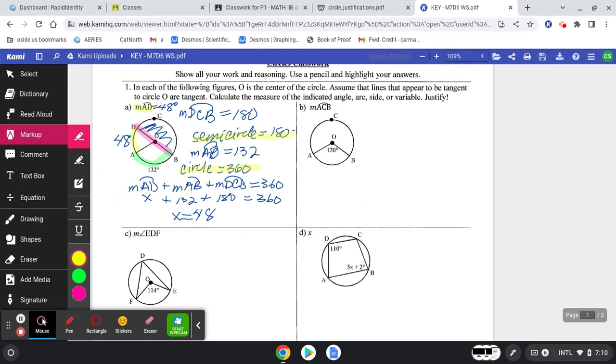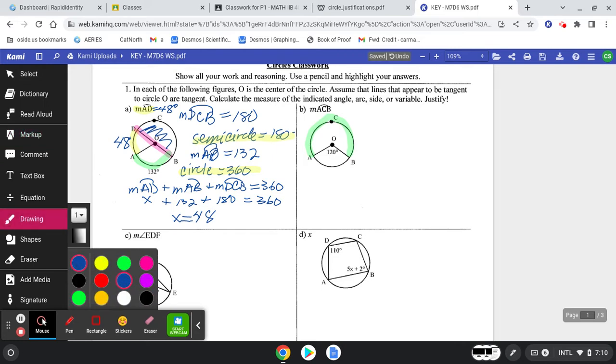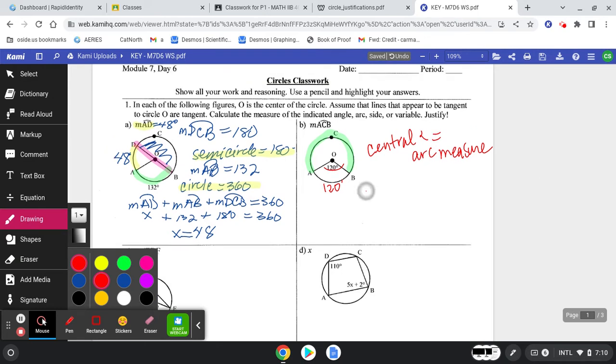Next one, I'm going to highlight it once. The measure of major arc ACB. And they gave us a central angle. You got it. Central angles are equal to the arc measure. And that means that this 120 right here is equal to this minor arc measure, 120. So I have that little piece. I want the big green piece. Do you see what we're going to do here?